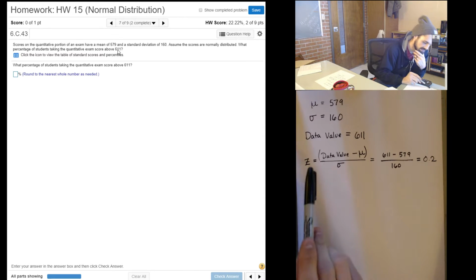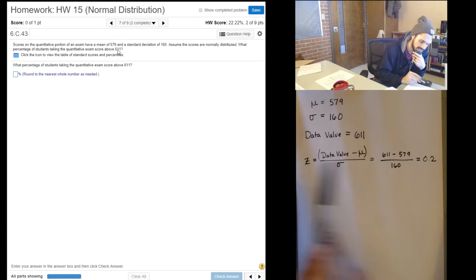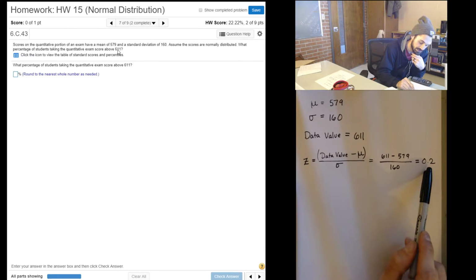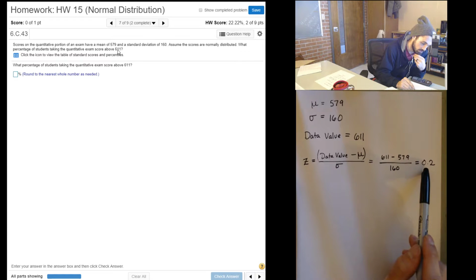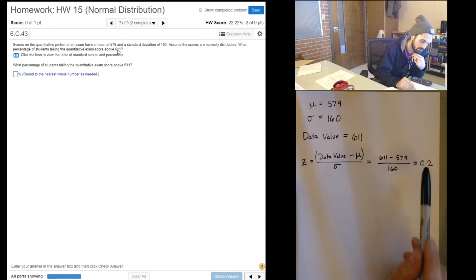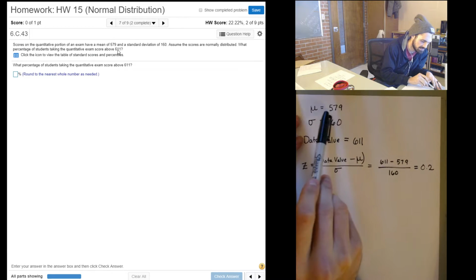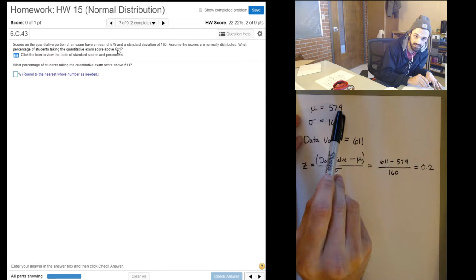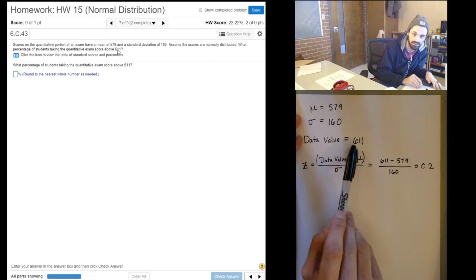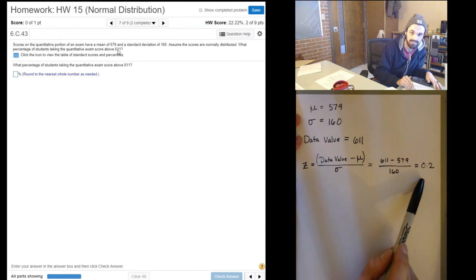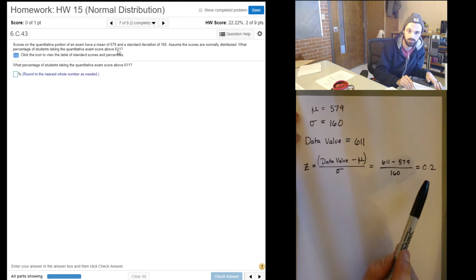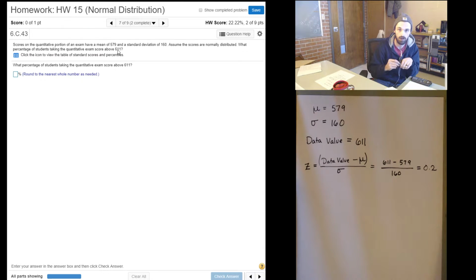Which makes sense. This z-score is saying you're 0.2 standard deviations, it's positive, so we know it's to the right. And that would be, we're 0.2 standard deviations to the right of the average, which makes sense. I mean, the average is 579, the data value is 611, which is not too much bigger. So it makes sense that this z value would just be a little bit off of the average.